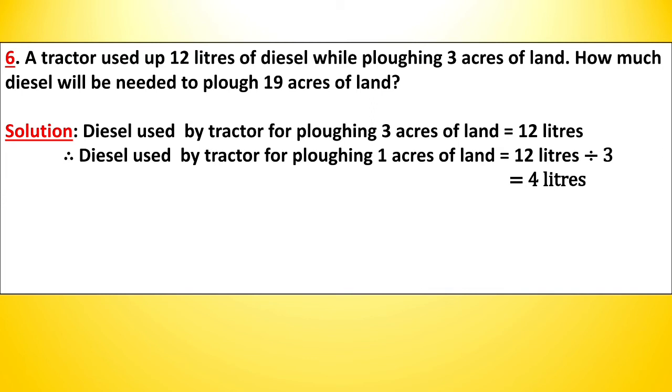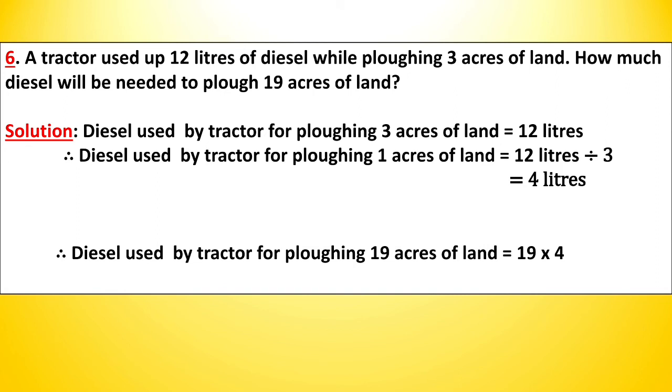It means that the tractor uses 4 liters of diesel to plough 1 acre of land. But here we have to find how much diesel is needed to plough 19 acres of land. So 19 multiplied by 4, how much, students? 76. So diesel used by the tractor for ploughing 19 acres of land is 76 liters.